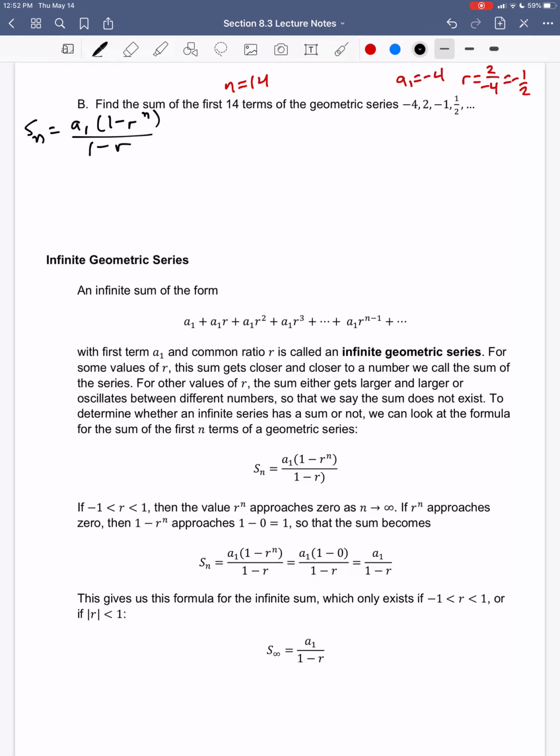So s sub 14 is going to be a sub 1, which is negative 4, times 1 minus r, where r is negative 1/2, to the n, which is 14, and then I get 1 minus negative 1/2.